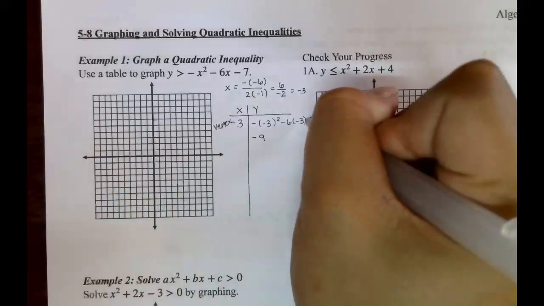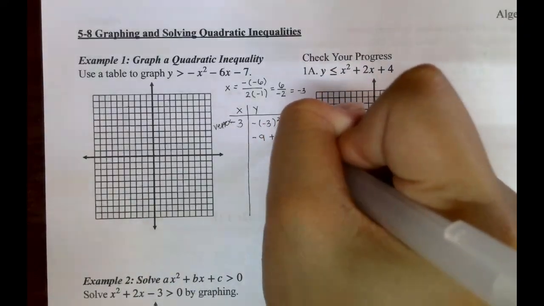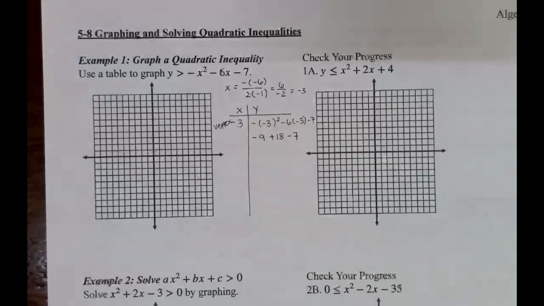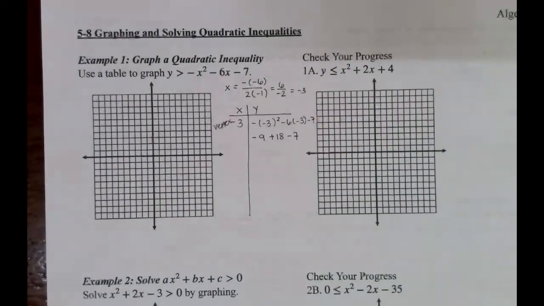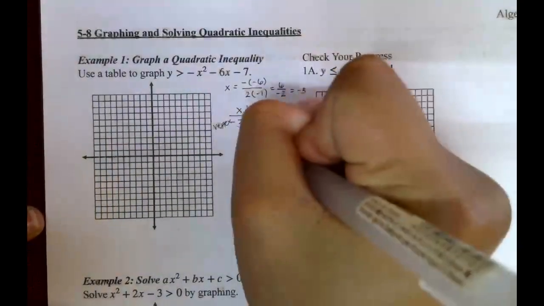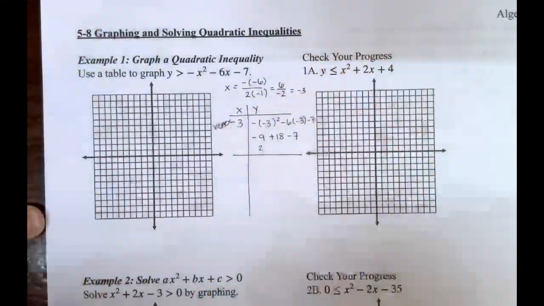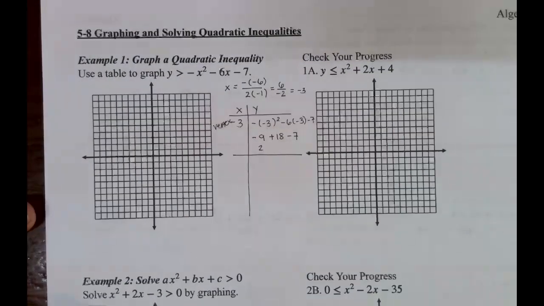Negative 6 times negative 3 is a positive 18, and then minus 7. So negative 9 plus 18 minus 7, and that gives us 2. Okay. So our first point is negative 3, 2, and that is our vertex.